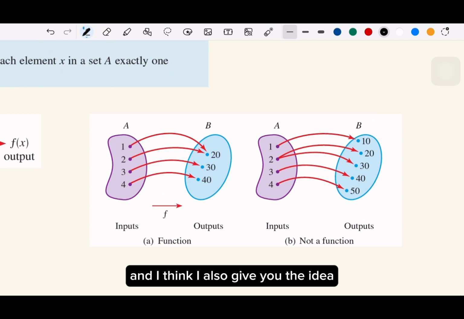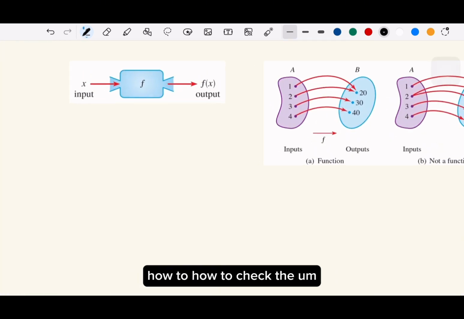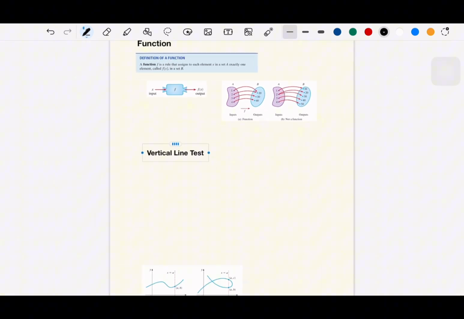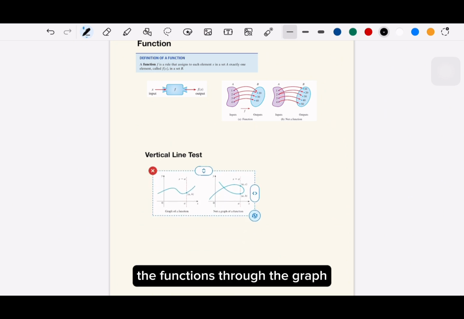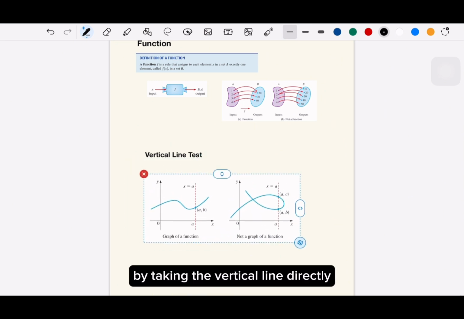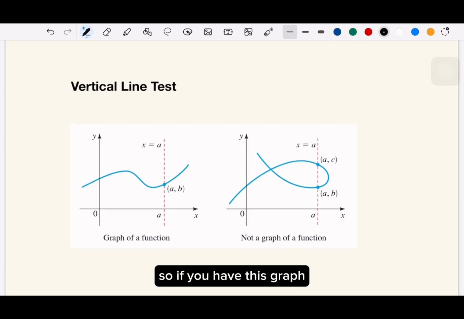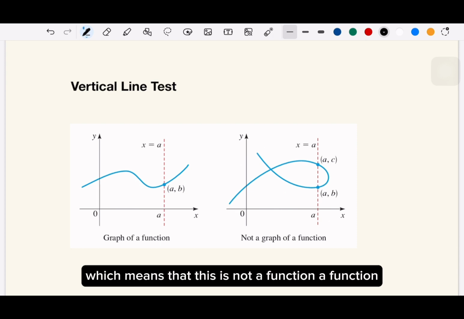Okay, and I think I also gave you the idea of how to check functions through the graph by taking the vertical line directly. So if you have this graph, and take this line, you will see that when you plug in A, there are 2 points here, which means that this is not a function.